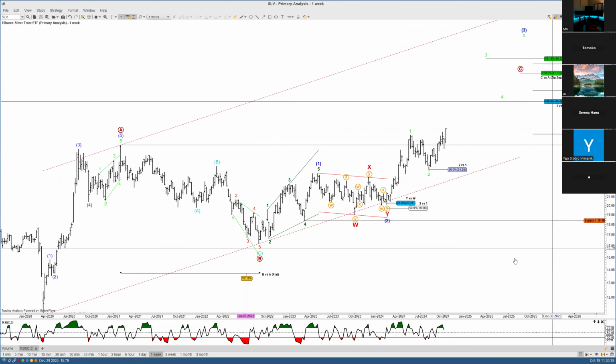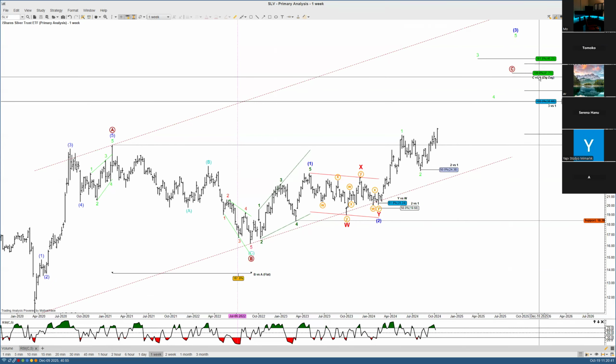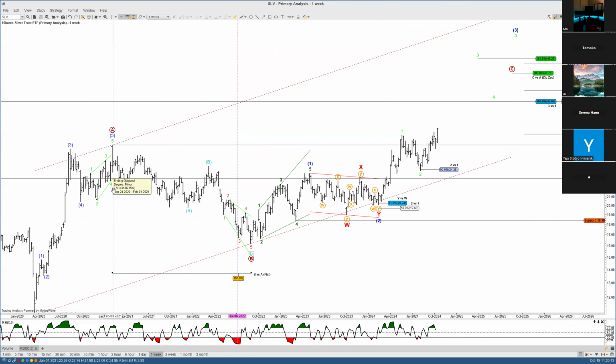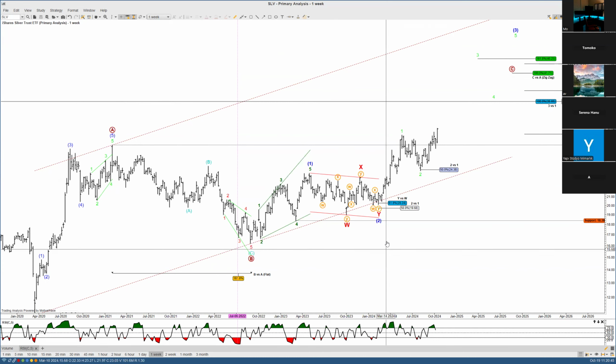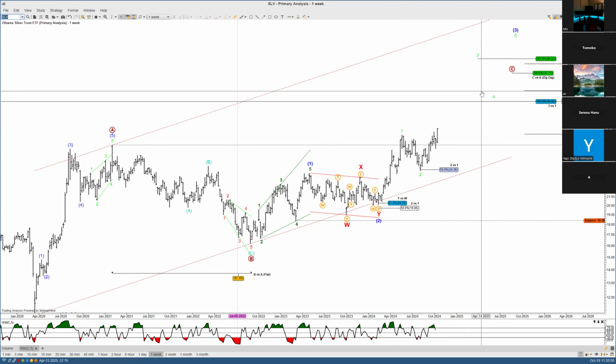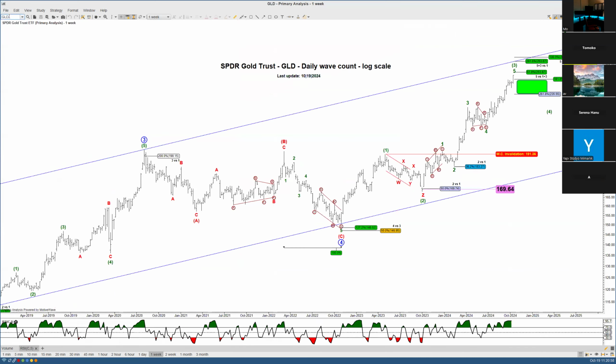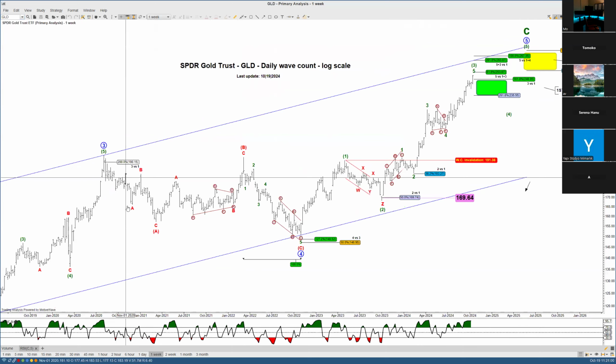But it's going to pass that 100. You don't consolidate for this long, okay? Just to get here. This entire move right there.